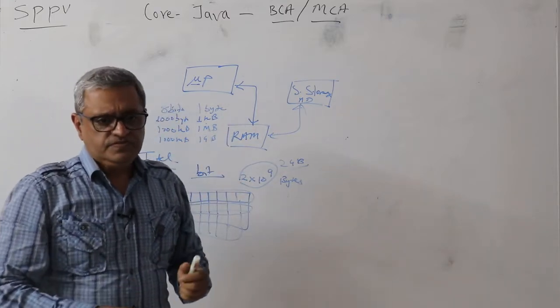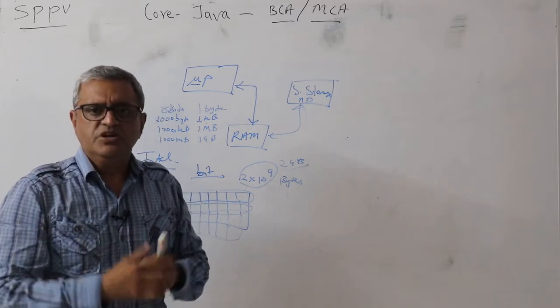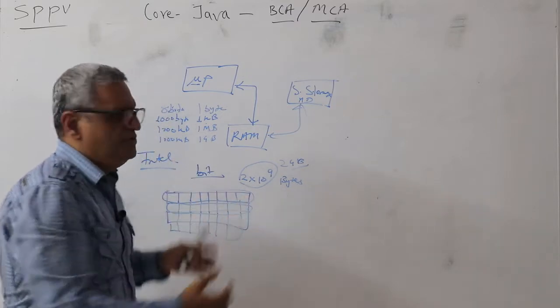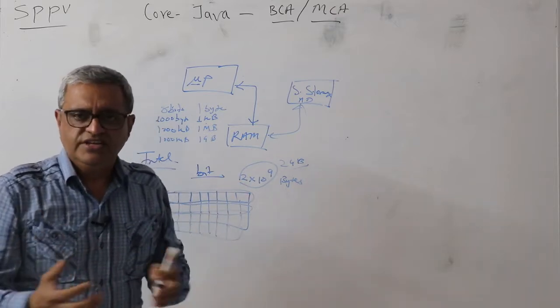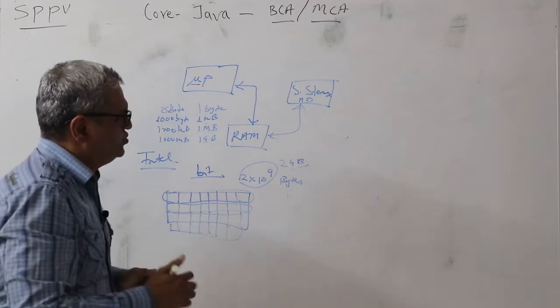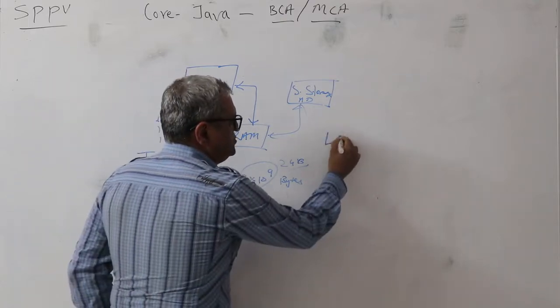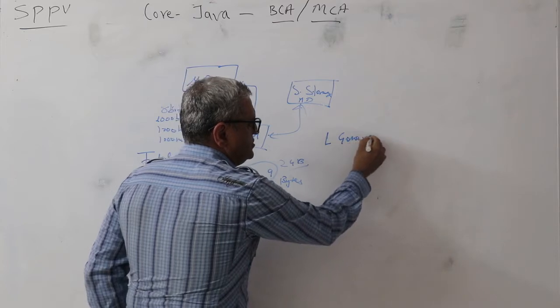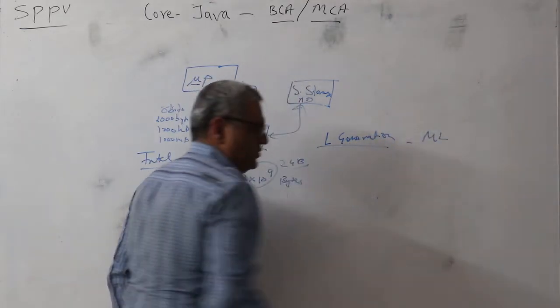Now we spoke that the computing environment, your microprocessor, only understands the language of zeros and ones. So the language of 0 and 1 is basically the first generation language, and it is called machine language.